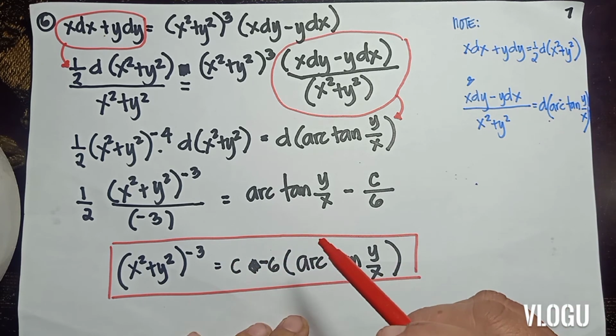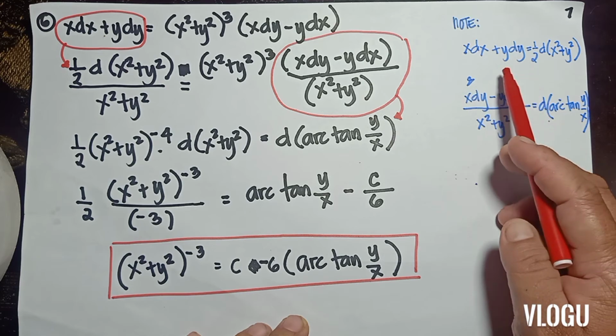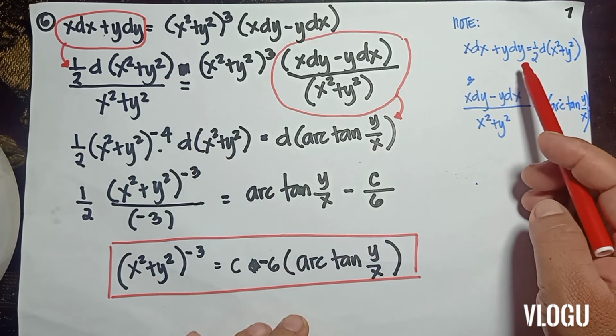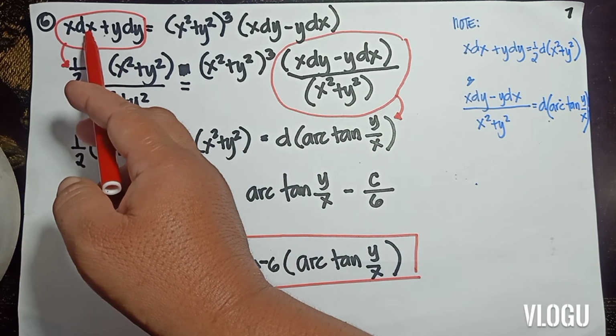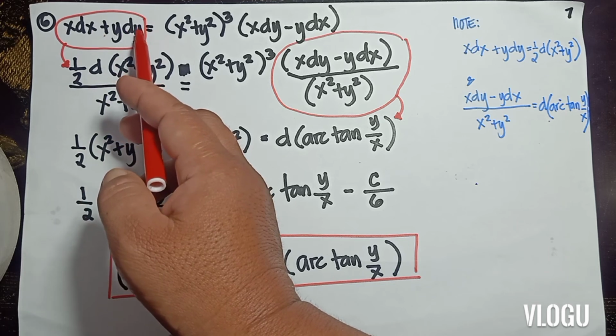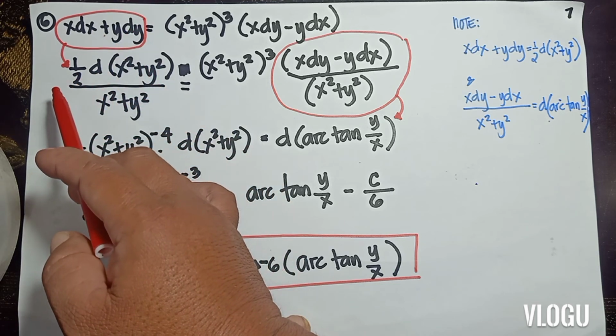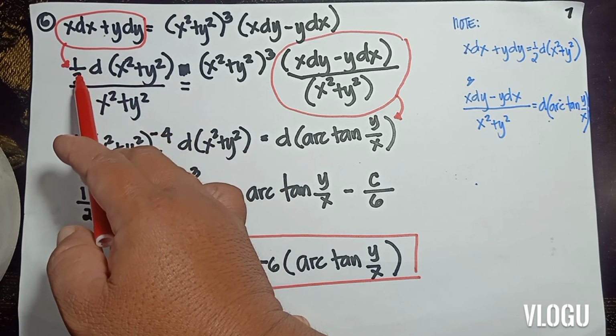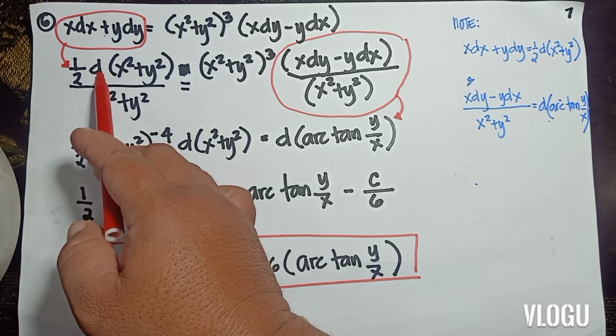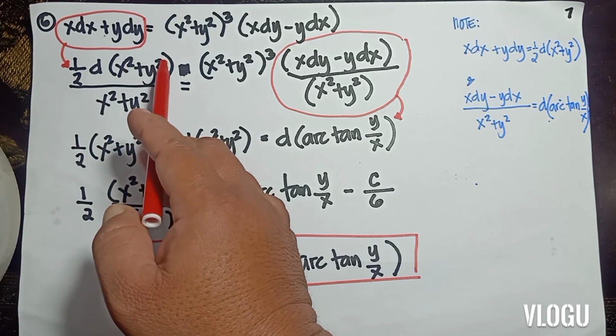Okay. So that's the reason x dx plus y dy is expressed as 1/2 d of x squared plus y squared.